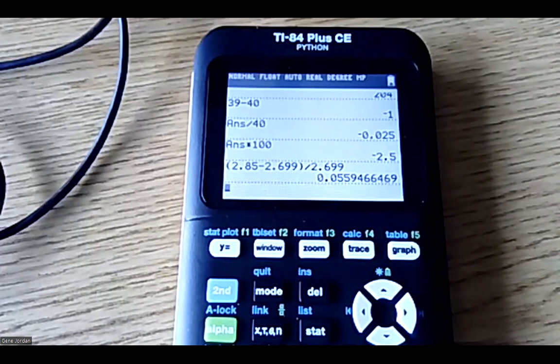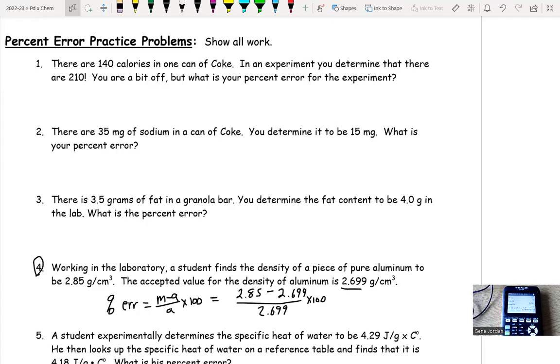Let me go back to sharing. So as you saw, our calculator gave 0.055946 and so on. But we have 3 sig figs here, 4 sig figs here.